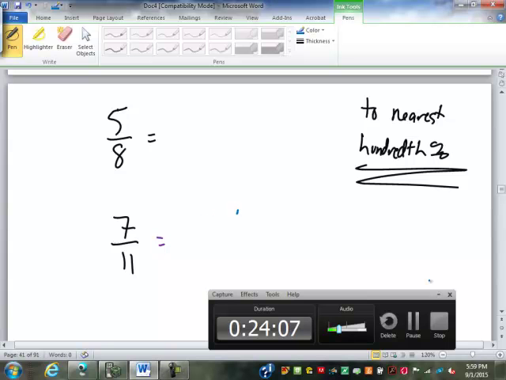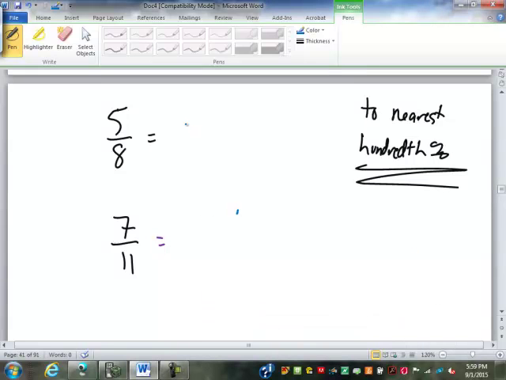So 5/8 becomes what percent? Five times 100 is 500 divided by 8 is 62.5. So 62.5%.